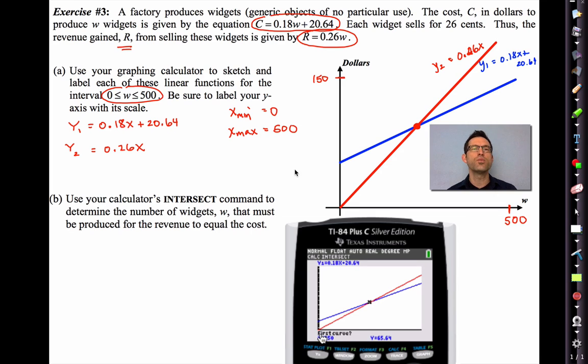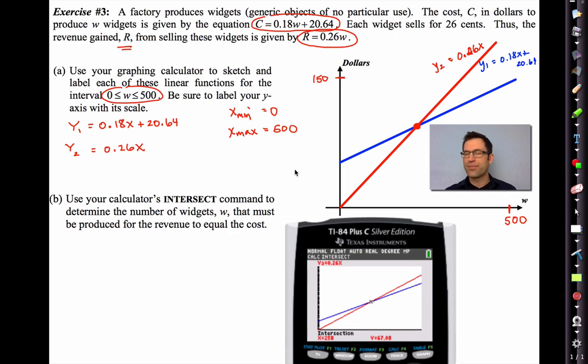It's going to say, hey, what's my first curve? Now, as long as that's on y1, I'm going to hit enter. Then it asks me what my second curve is. Again, assuming it's on y2, I'm going to hit enter. Now, it also asks me for a guess. Really, since there's only one intersection point, I could just hit enter, or I could move my cursor closer to where the intersection point is. That's really up to you. And I hit enter.